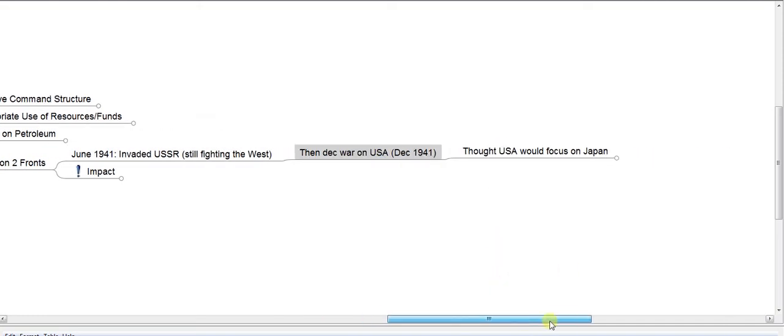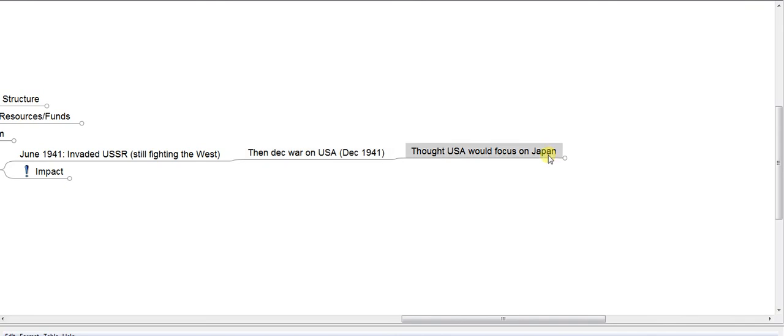And Hitler thought that the USA would focus on Japan, since it was Japan which attacked Pearl Harbor. But unfortunately for Hitler, Roosevelt and his generals basically decided to adopt a Europe first policy. So the priority was given to defeating Hitler in Europe itself, okay, to Hitler's unhappiness.